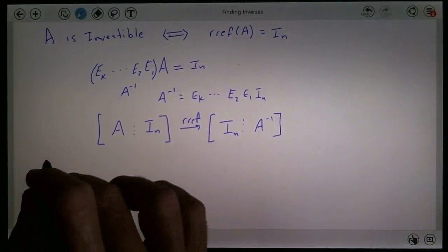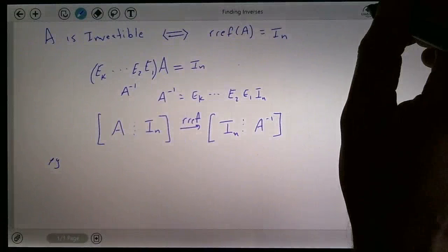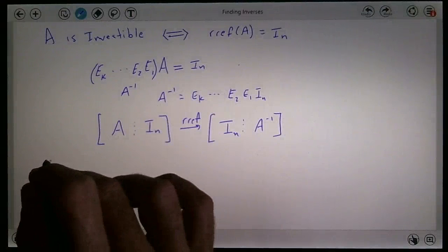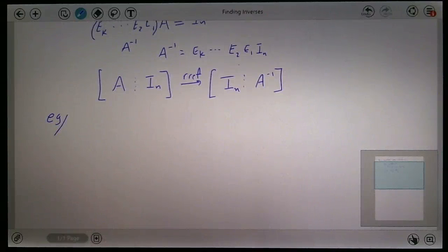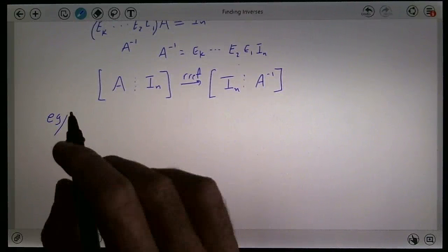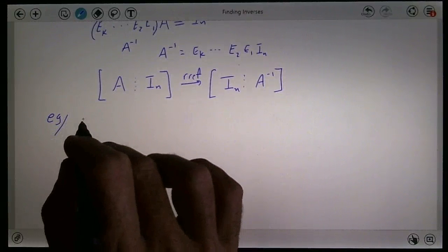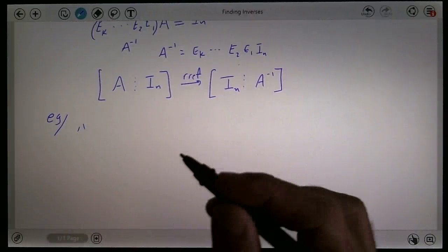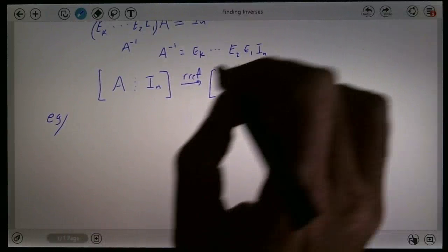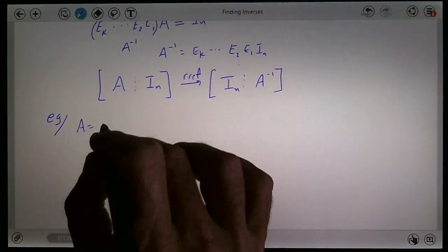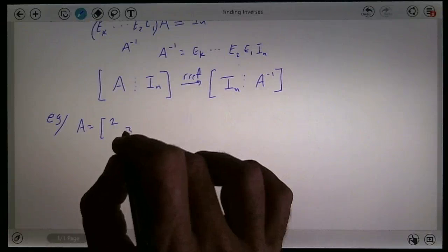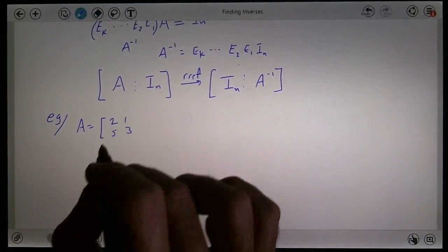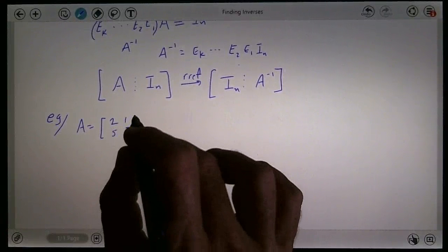Okay. So let's do an example here. Now I'm going to do a 2 by 2 example where we probably already know the answer, because we have a method for doing 2 by 2s. Let's let A equal [2, 1; 5, 3].